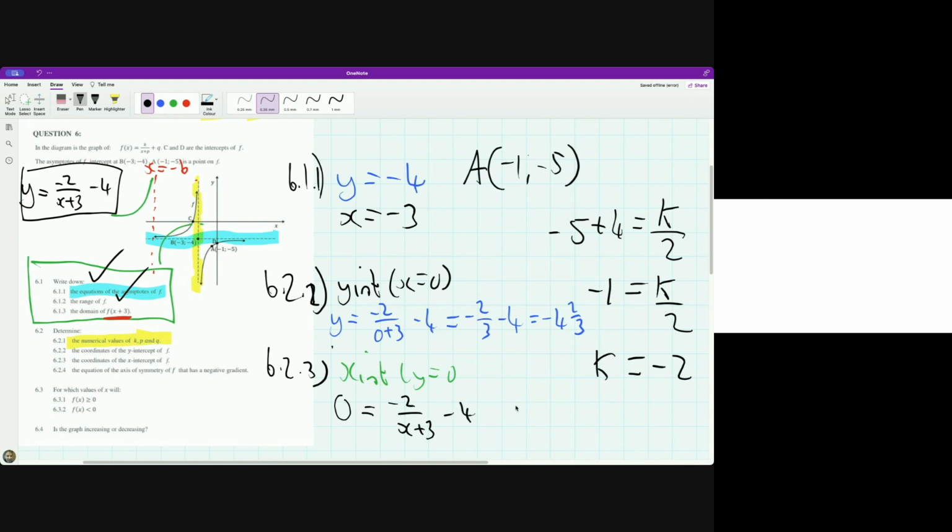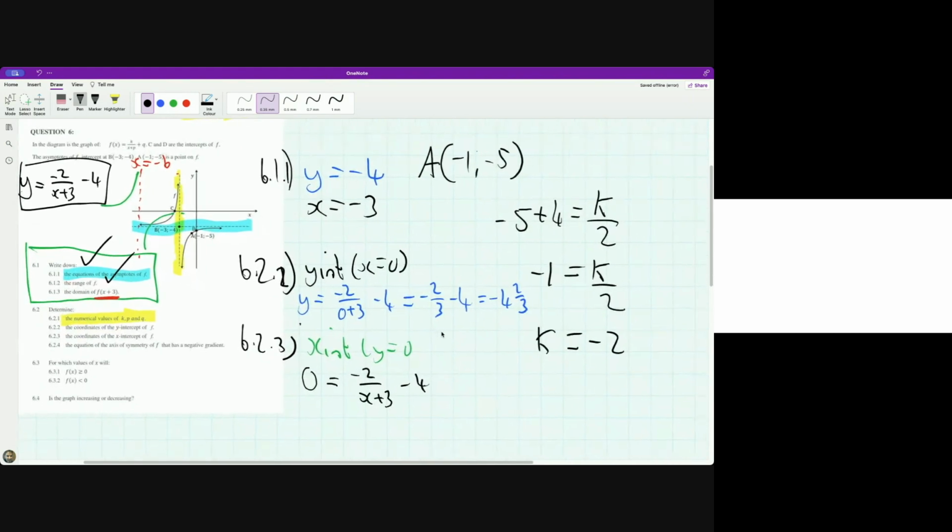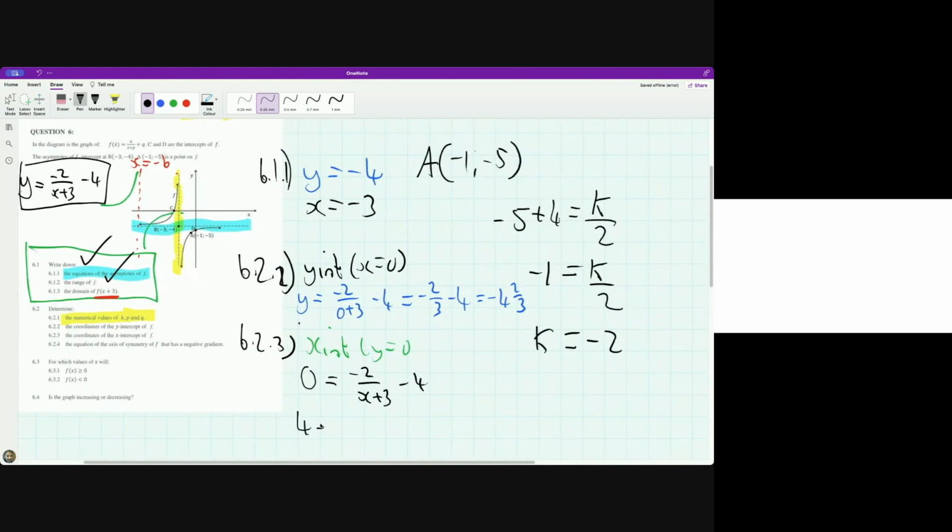So 4 is equal to minus 2 over x plus 3. Then I bring the x plus 3 across, so 4 times x plus 3 is minus 2. And then I bring the 4 across and get minus 2 over 4, which is minus a half.